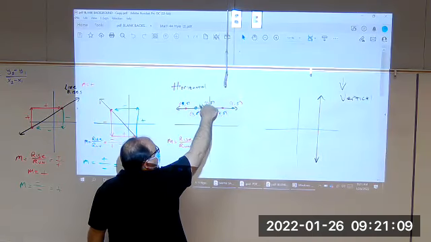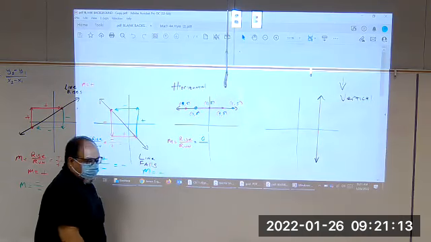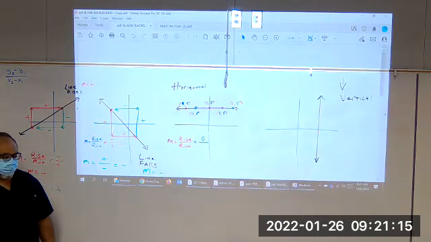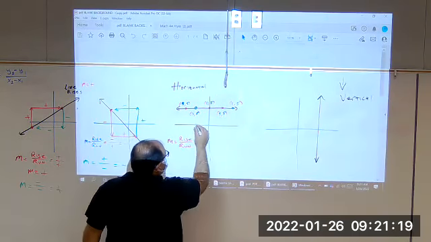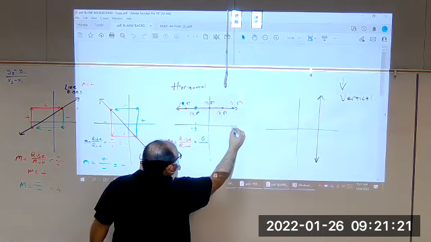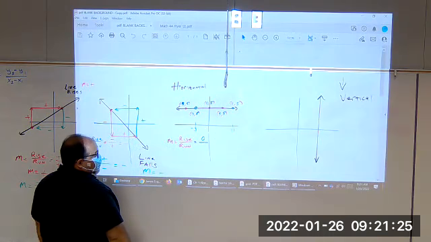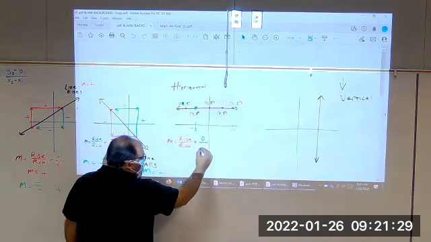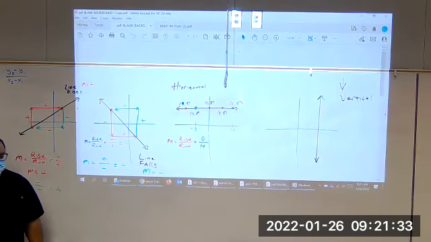How much up and down did we go? 0. We didn't go up and down at all. But the run, if I'm here at negative 3 and I want to go all the way over here to an 11, how far is it? 14. That's a distance of 14.